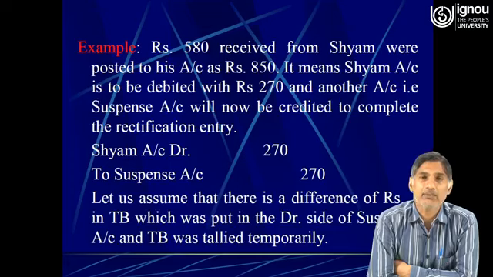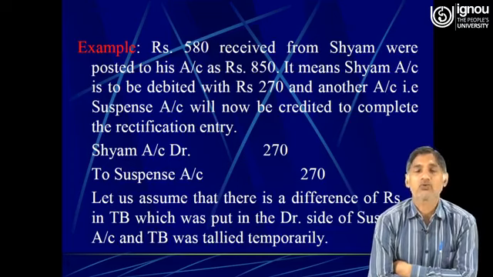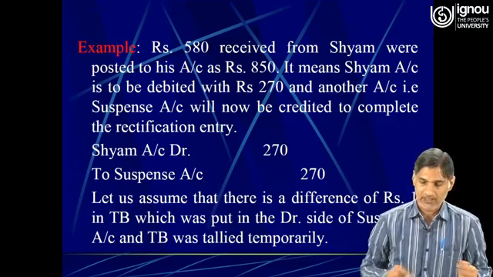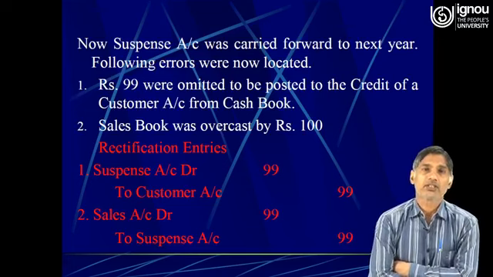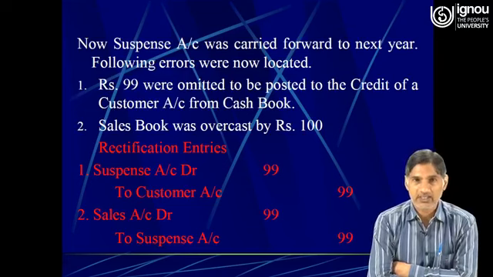Therefore, the debit balance of suspense account was put in the debit side of trial balance, and it was made to tally temporarily. Now suspense account was carried forward to next year.